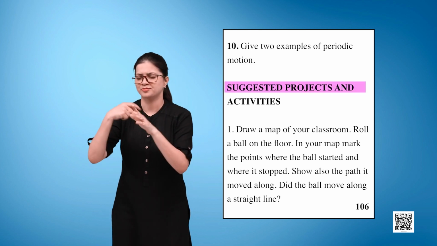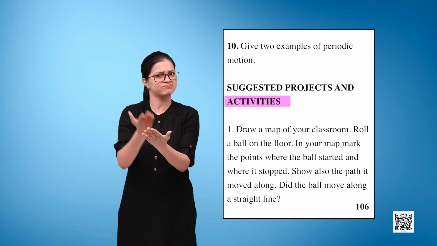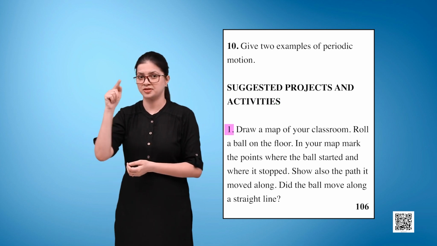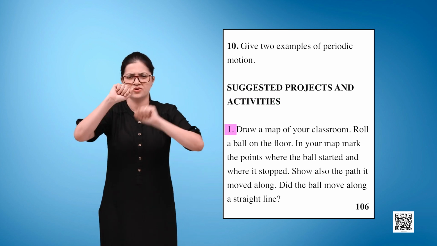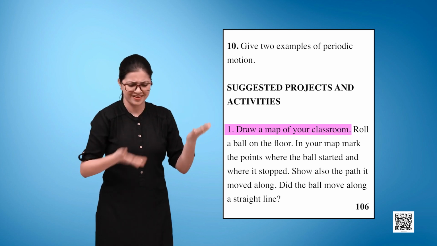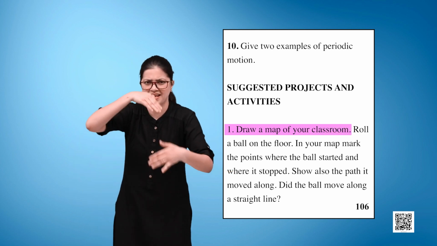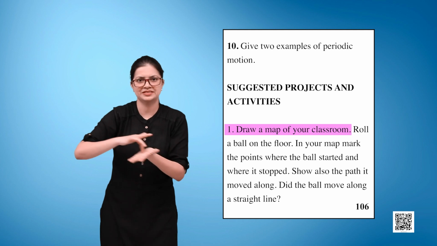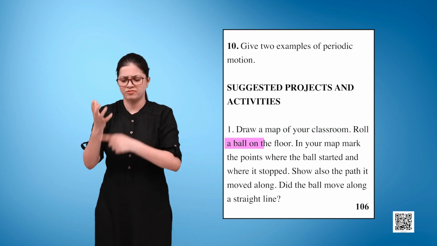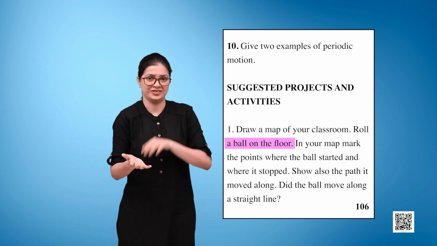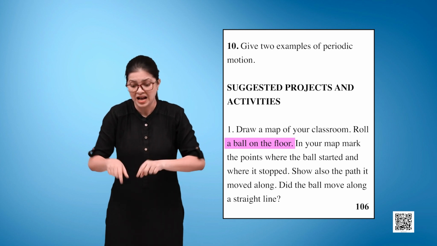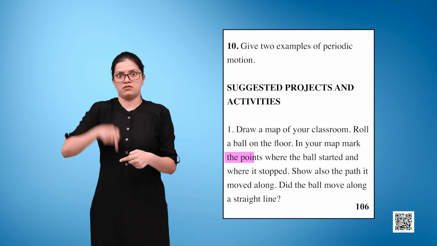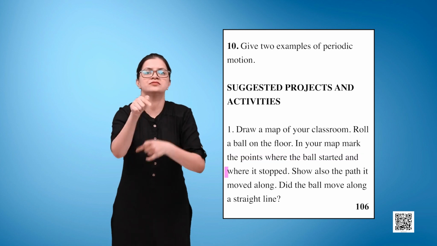Suggested projects and activities. 1. Draw a map of your classroom. Roll a ball on the floor. In your map, mark the points where the ball started and where it stopped.